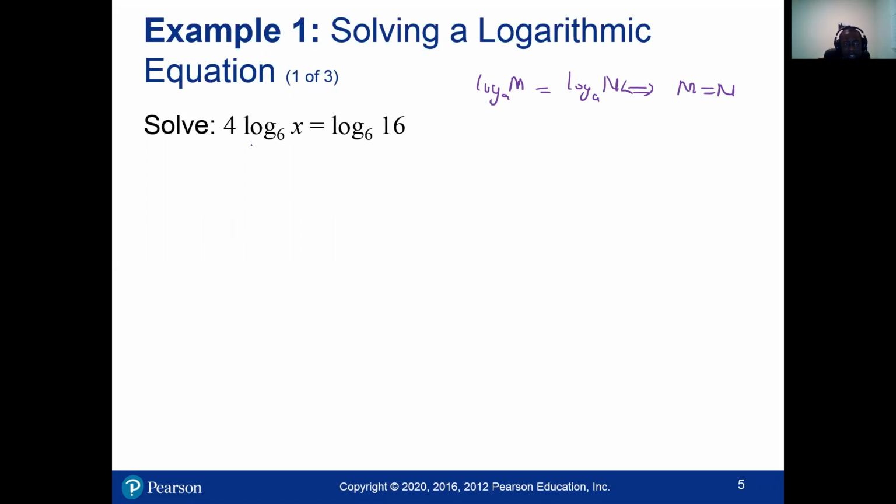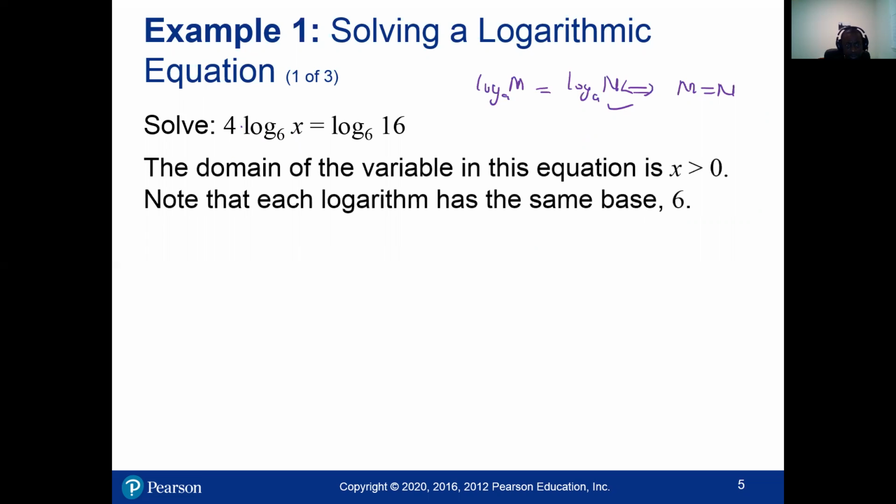But in this case, each side in this property must be a single logarithm. Looking at the left hand side here, you have 4 times log x, which is one term, but it is not in the simplified form. So that means we can use some property to write this as a single logarithm.